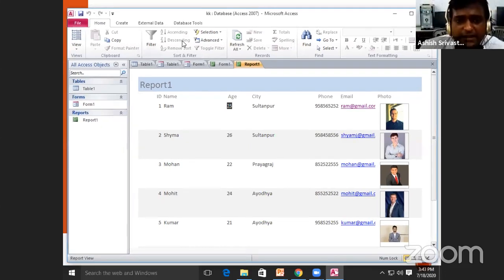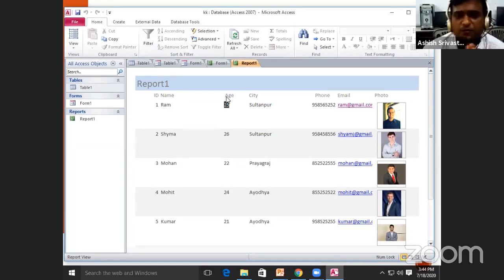द नेक्स्ट टॉपिक इज दैट हाउ वी कैन क्रिएट अ क्वेरी, वी कैन इम्प्लीमेंट अ क्वेरी इन द डेटाबेस। क्वेरी, व्हाट इज द मीनिंग ऑफ क्वेरी? Filter out some specific data from the database.